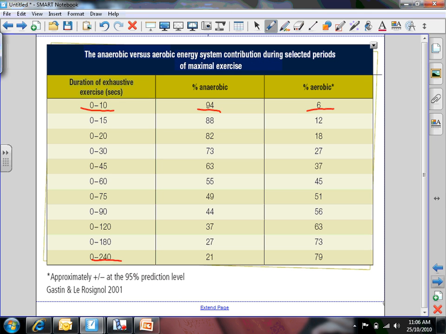Getting right down to here, to 21% of anaerobic and 79% aerobic. Basically, it indicates that the longer the activity goes, the less you will use percentage-wise of the anaerobic energy system and the increase for the aerobic energy system.